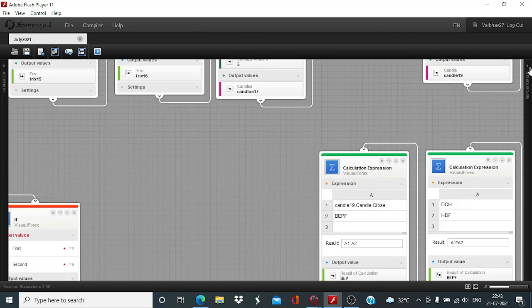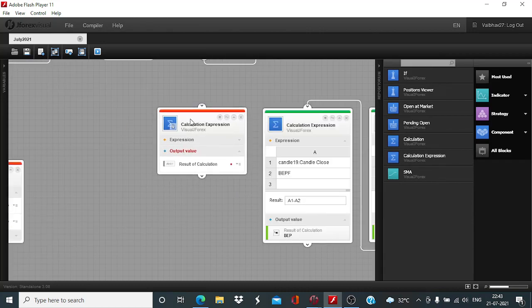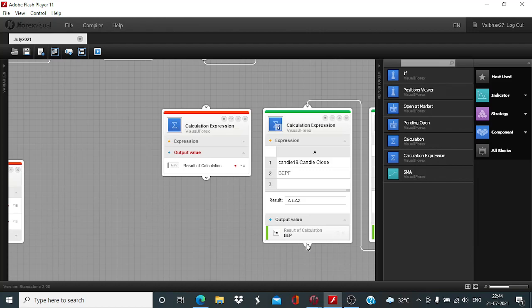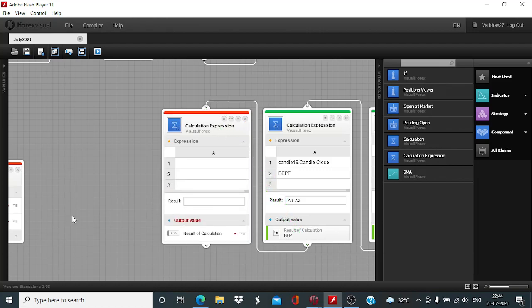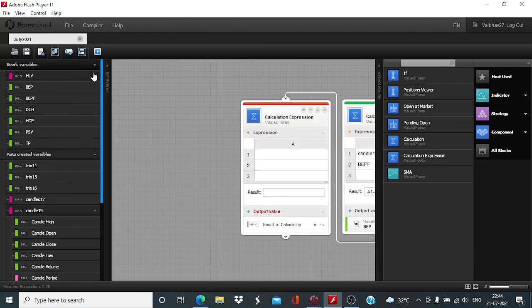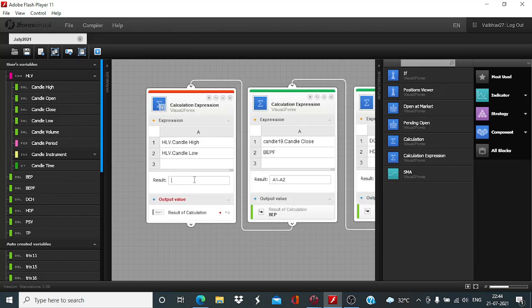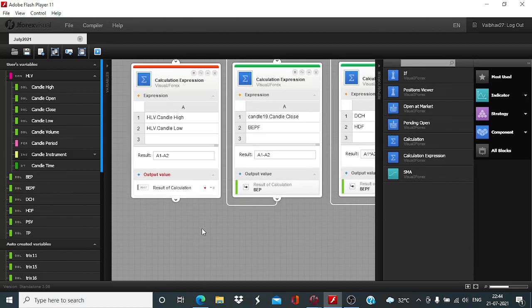So one more calculation expression needs to be brought in, and is going to be joined to this, and I have to take HLV, is high and low, so it becomes A1 minus A2.